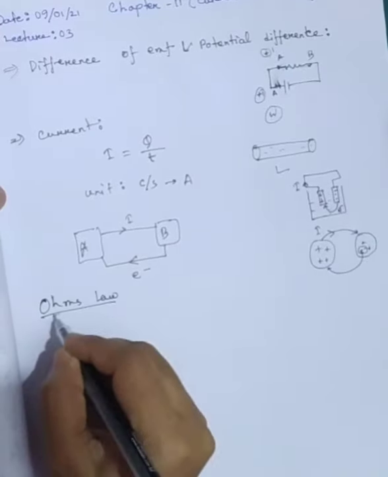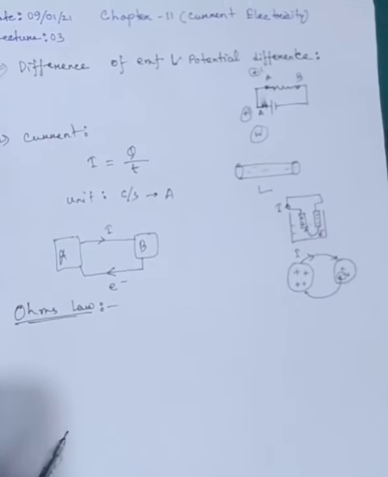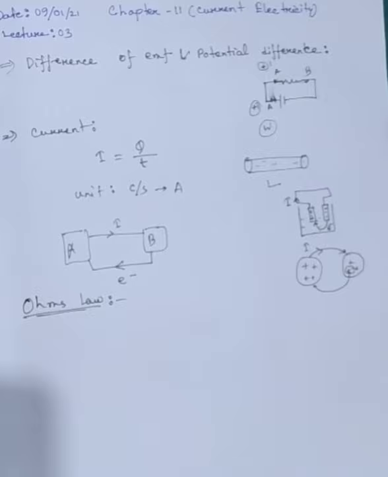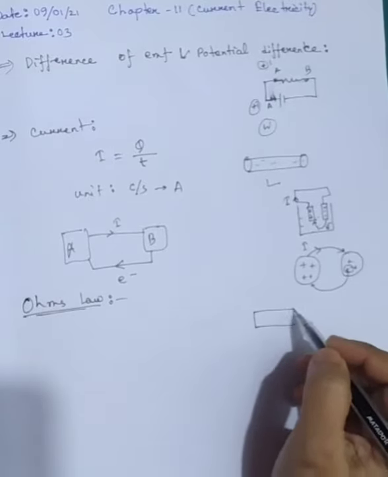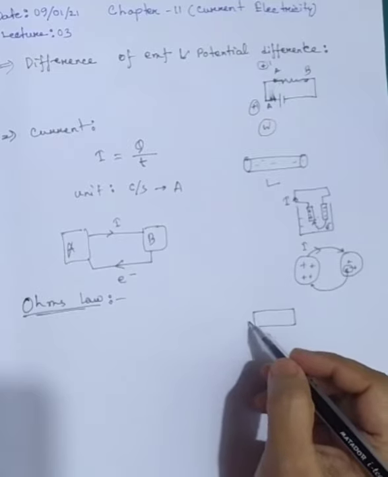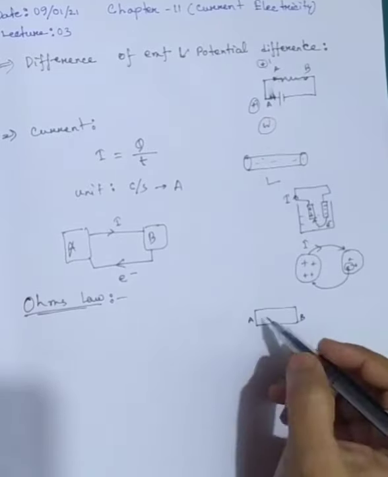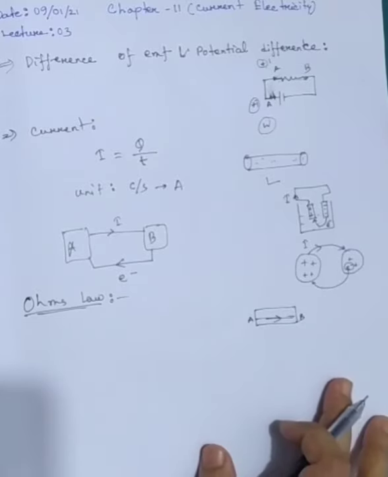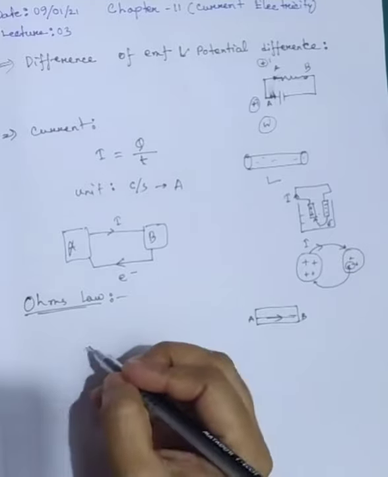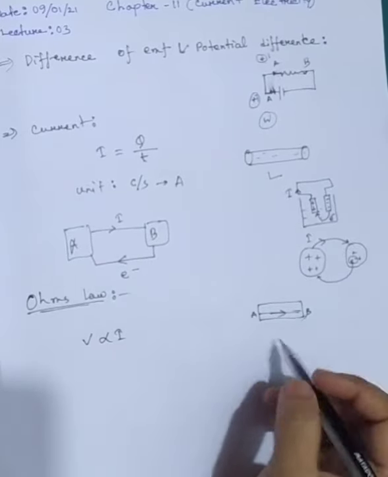Ohm's law, what is meant by Ohm's law, or what is the function of Ohm's law? If we want to say about a conductor having two ends, for example A and B, then the total current passing through this conductor will be proportional to the potential difference of the two ends of the conductor.